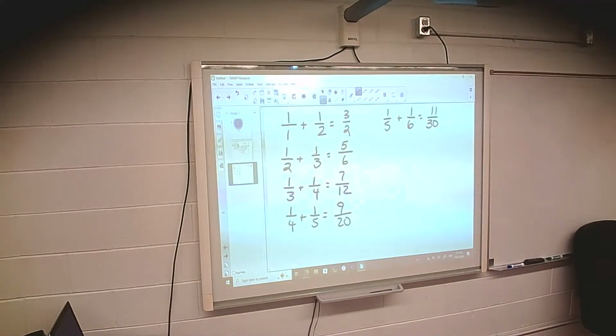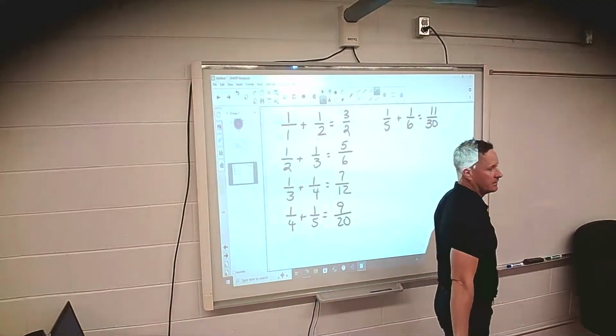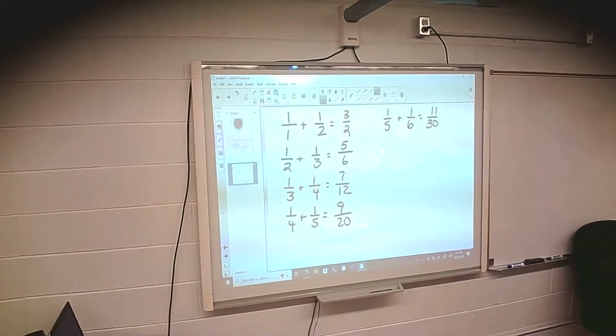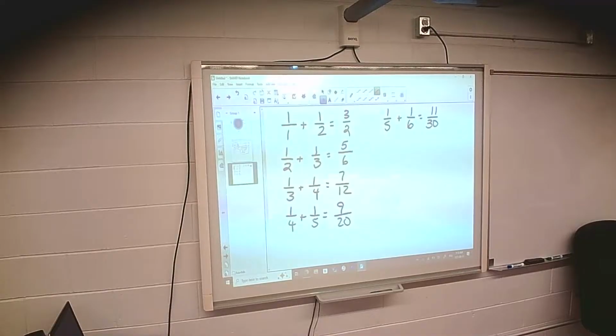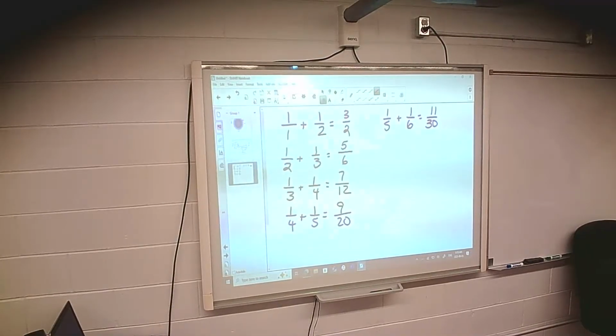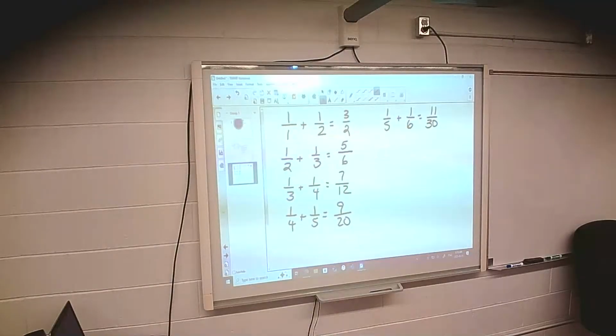Somebody volunteer. I want the next in the pattern. Who's brave enough to guess? Cash. Knew it. Well, the top will be 13. Hold on. What are we adding next? You tell me.